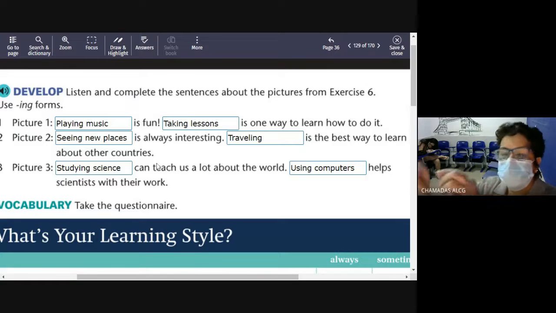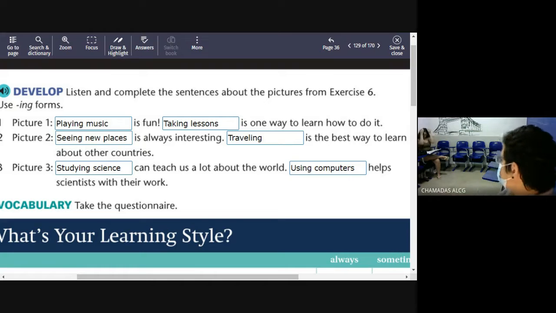There is a part there where you have the resources. You click on resources, and then you will see all the audios, all the videos from the book. Okay, guys? So you can have access to that. It helps you study and practice listening.